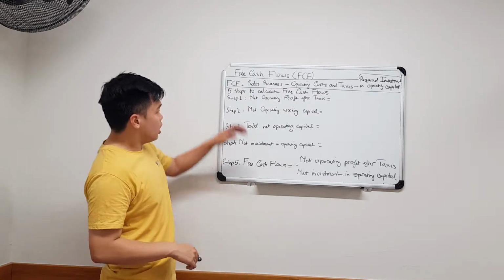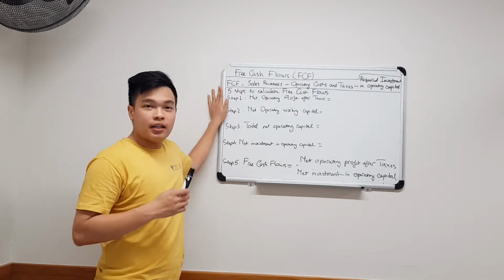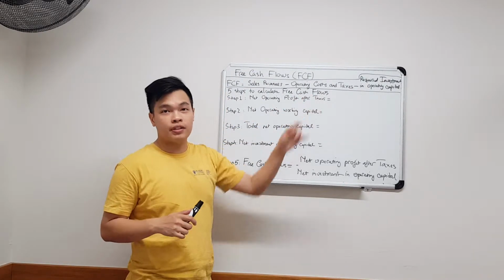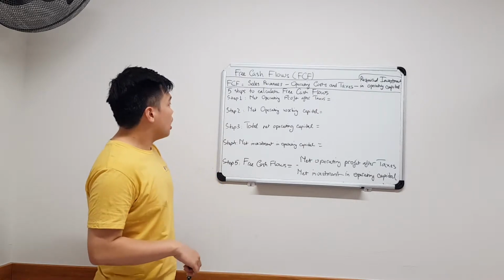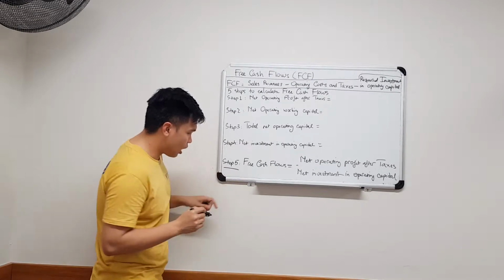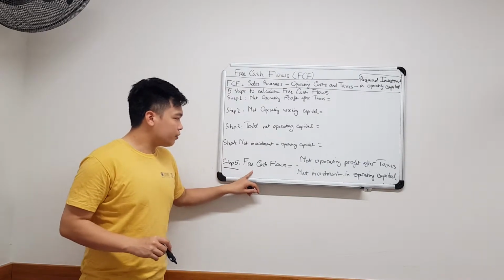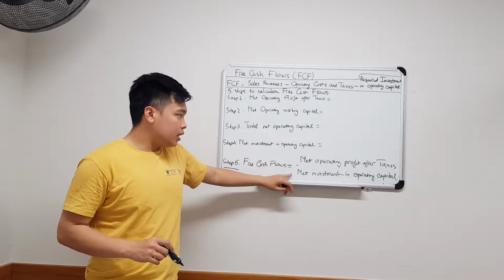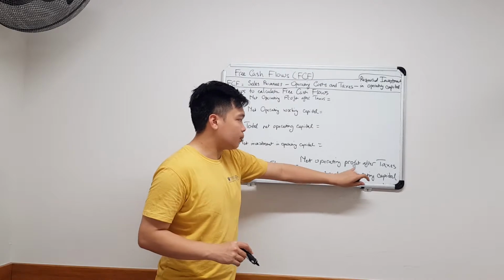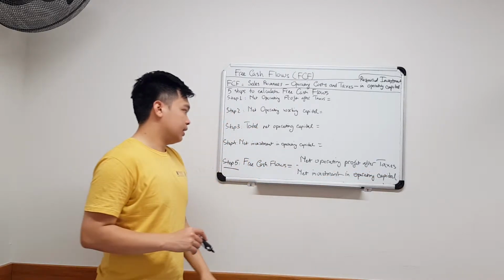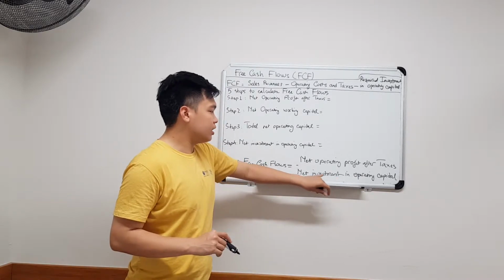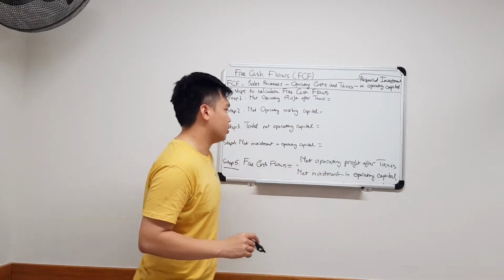So you see, we have 5 steps to determine free cash flow. At step 5, to define the free cash flow, we need net operating profit after tax, from which we subtract the net required investment in operating capital.